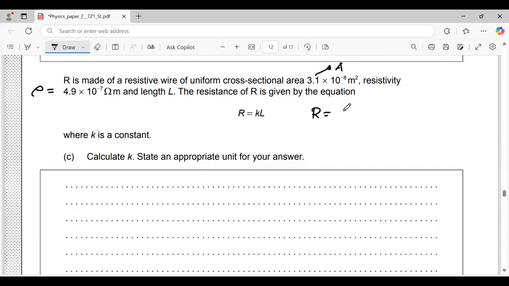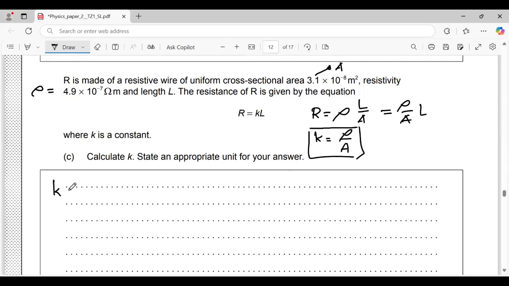I would also like to write another formula of R, which is rho times L over A. We can rearrange this formula to become rho over A times L. So K equals rho over A. We're going to use this formula to find K.